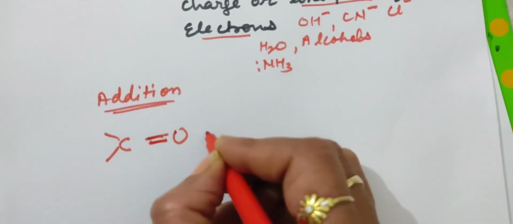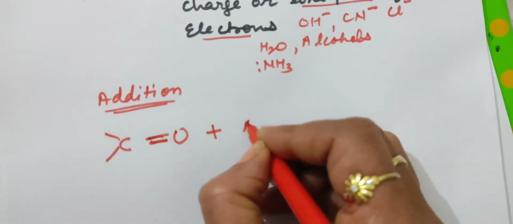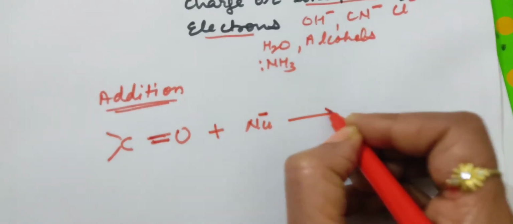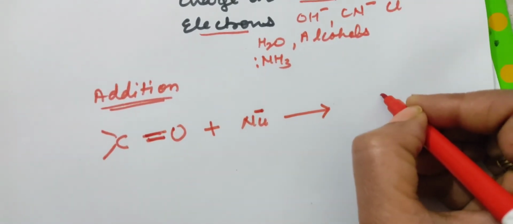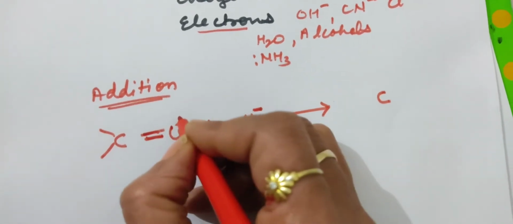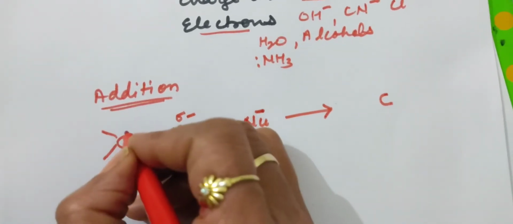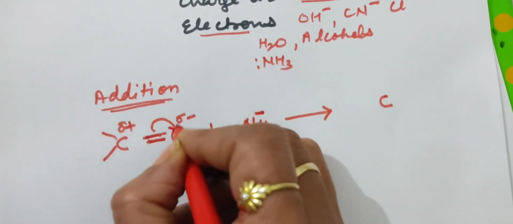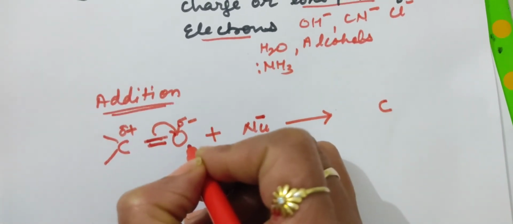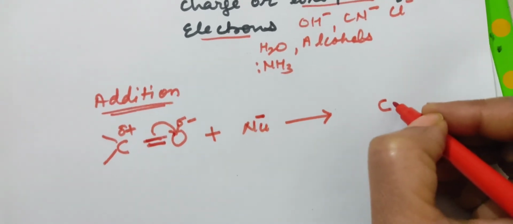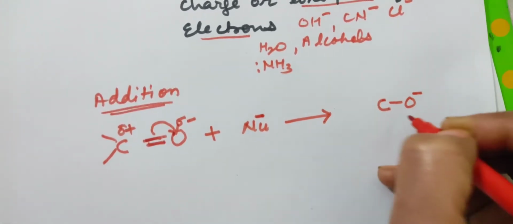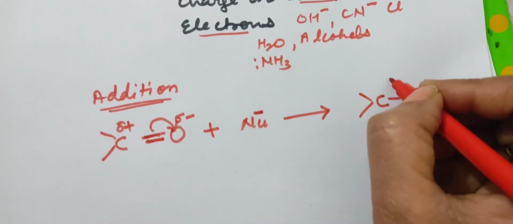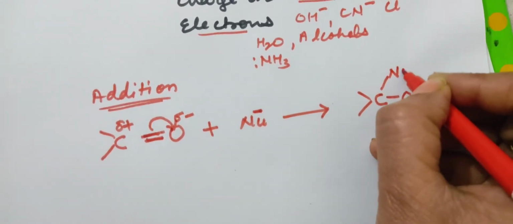If we add any nucleophile, meaning an electronegative species, it gives an addition reaction in which oxygen is highly electronegative and carbon is the positive part. So on breaking of the pi bond, electrons shift towards the highly electronegative atom, and you will find O negative and positive carbon, on which the nucleophile will be added.